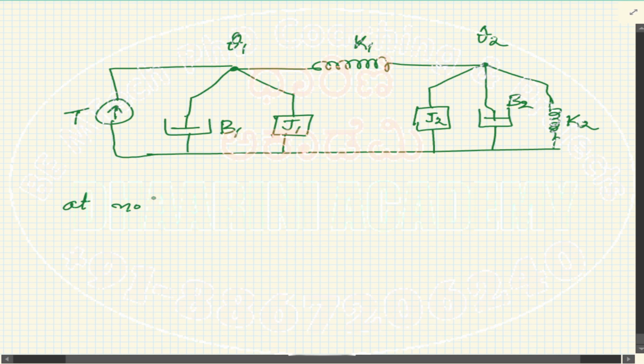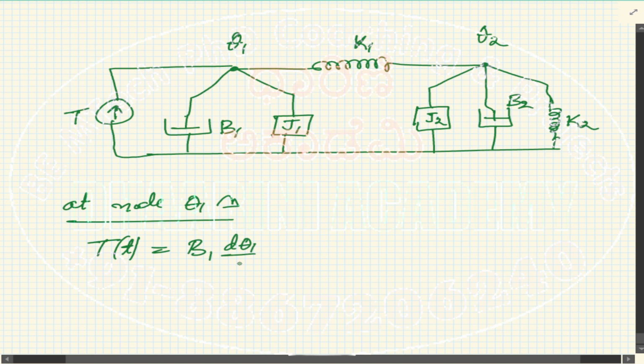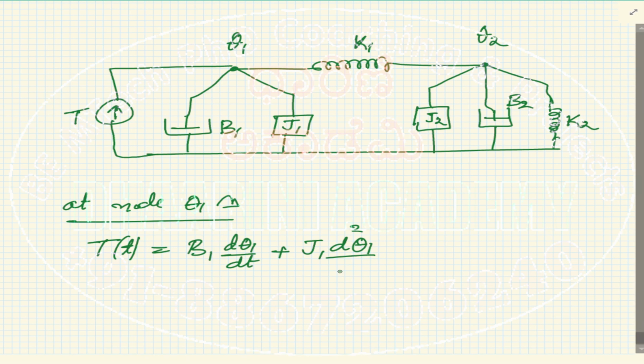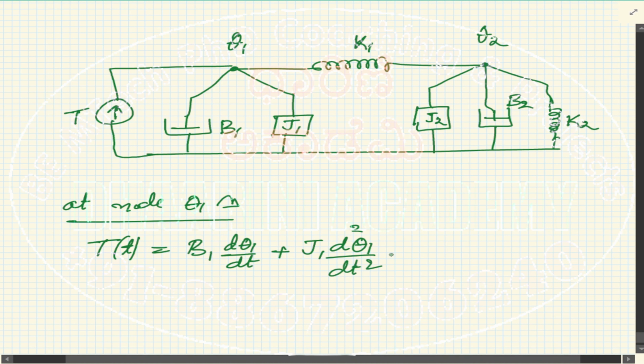At node theta 1, the input is capital T. You can write T of t is equal to B1 d theta 1 by dt plus J1 into d square theta 1 by dt square plus K1 into theta 1 minus theta 2, right, is the equation.